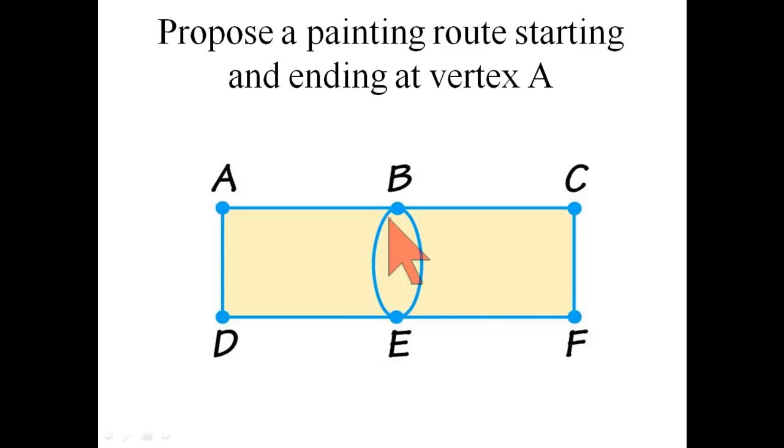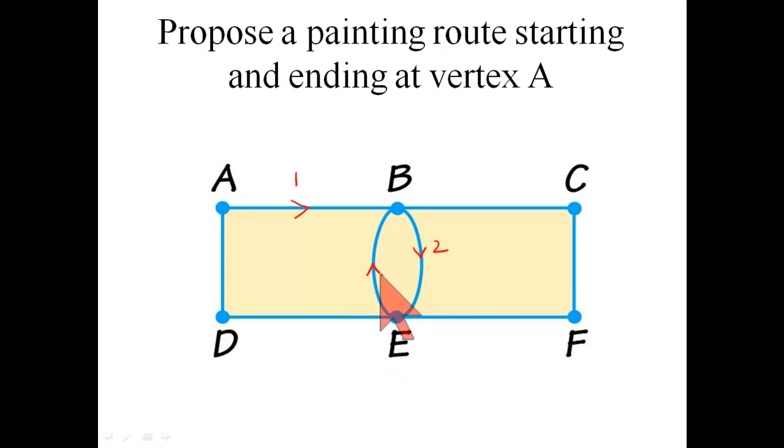How are we going to start at vertex A and go around and paint every curb and end at vertex A? Well, if we start at vertex A, I propose that first we could go along from A to B, and then second we could go down to vertex E, and now you have a choice to make, and some choices are better than others.